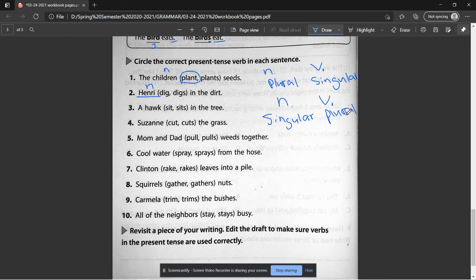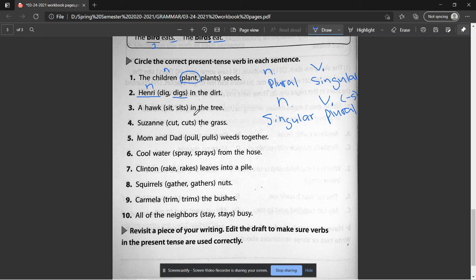And for my verb to be plural, it needs to end in what letter? In the letter S, my friends. So Henry digs in the dirt. You see how the verb ends with the letter S? Henry digs in the dirt.